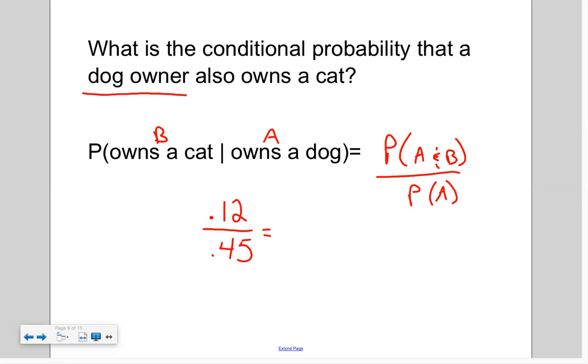Let's see, 0.12 divided by 0.45 is 0.26 repeating. So if I round to two places, 0.27, which is 27%. We leave it in the same probability format that it was given to us, percentages. So we're left with 27%.